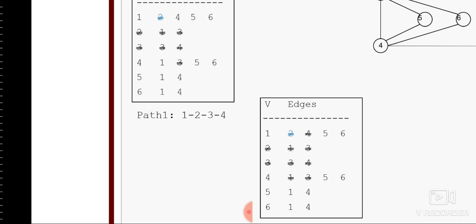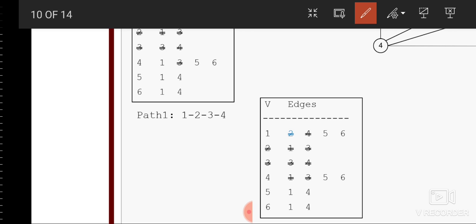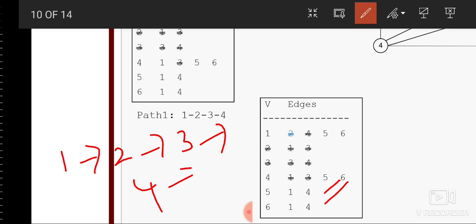Hope you understand why we didn't choose node 5. Because if you choose node 5, 1 to 2, 2 to 3, 3 to 4 and from 4 to 5, what happens in the next step? From 5, either you can reach vertex 1 or you can again reach vertex 4.